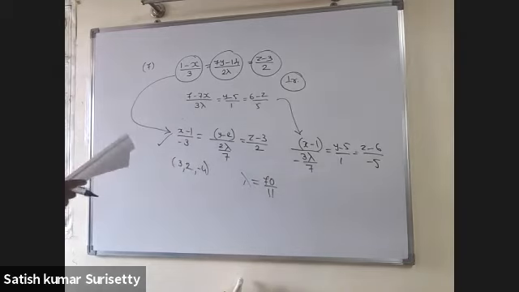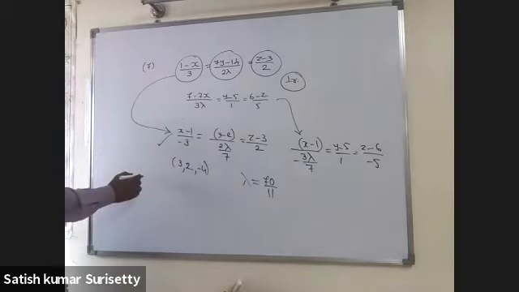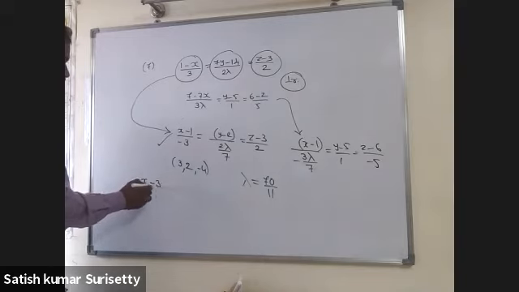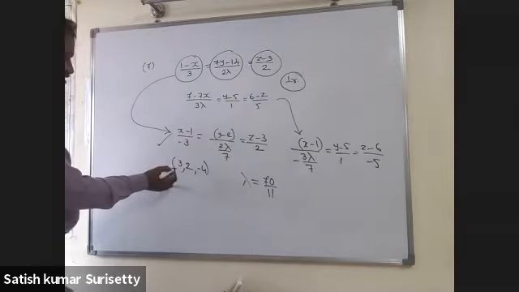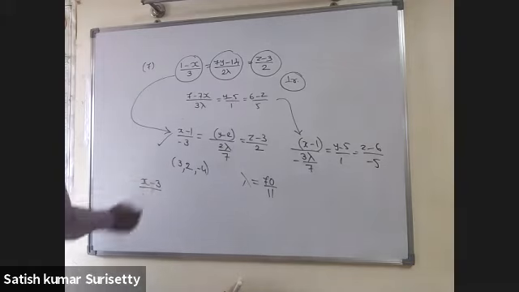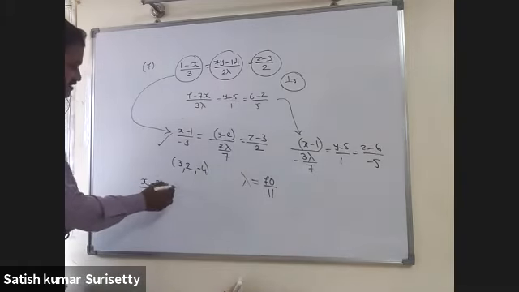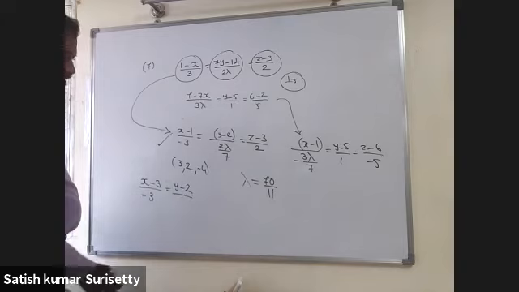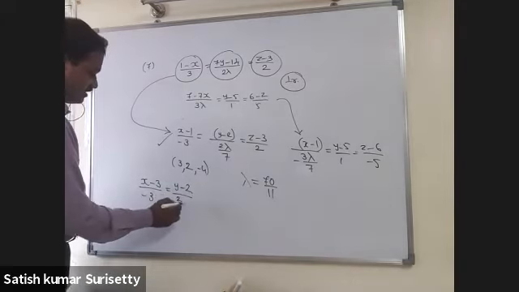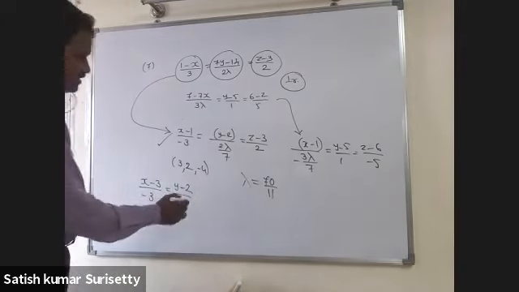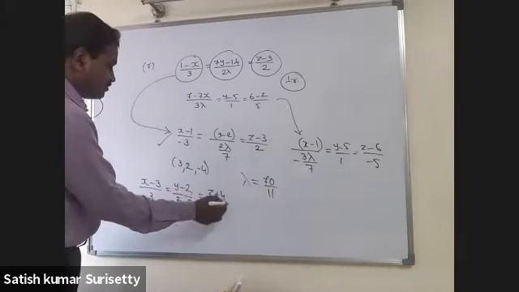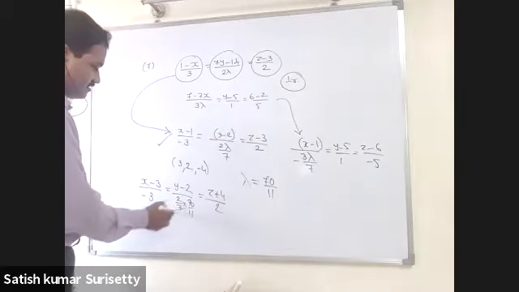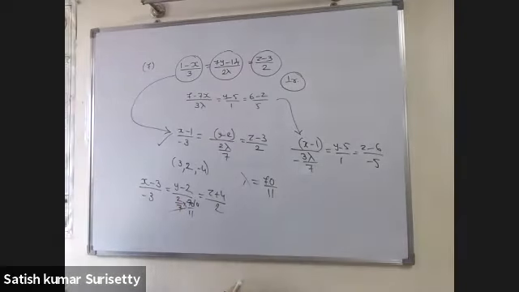Tell me the answer directly, in Cartesian form. x minus 3 upon minus 3, y minus 2 upon 2 lambda by 7, that is 2 by 7 into 70 by 11, equal to z plus 4 upon 2. Simplify this: 20 by 11.